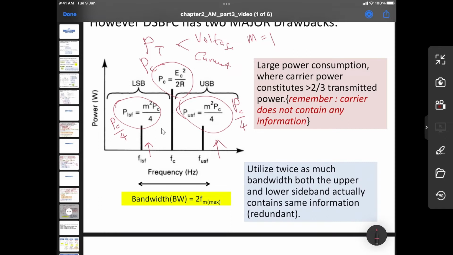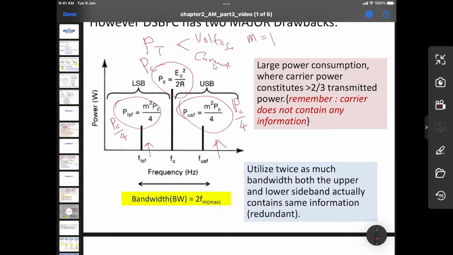The carrier is just the carrier, okay? So meaning that we waste our power on the carrier, but the carrier doesn't carry any information, okay? Also, if you look into the bandwidth, it will create two sidebands, and the lower sideband and upper sideband actually have the same information, okay?